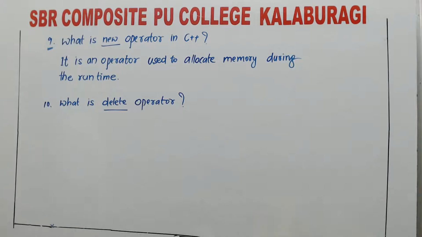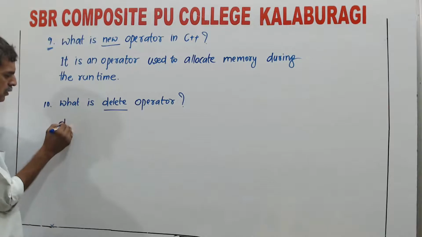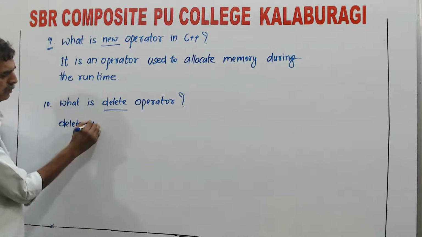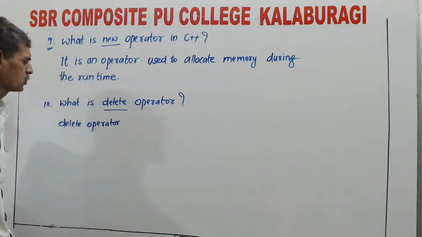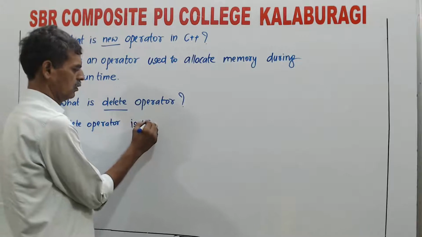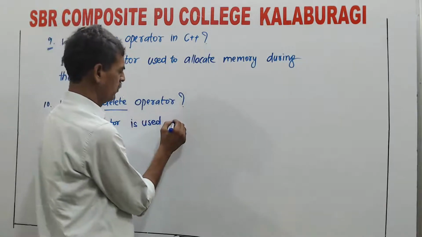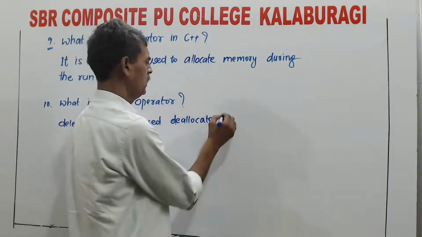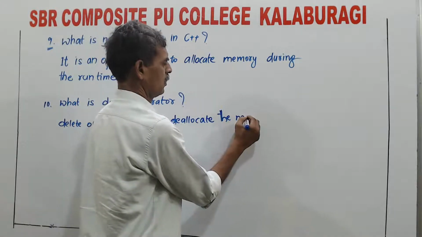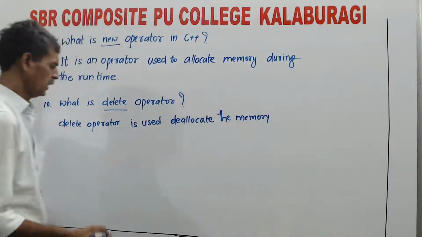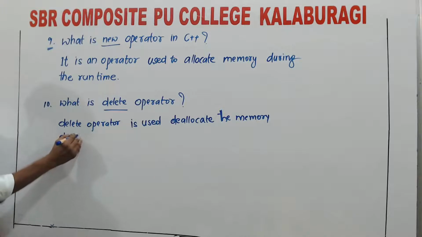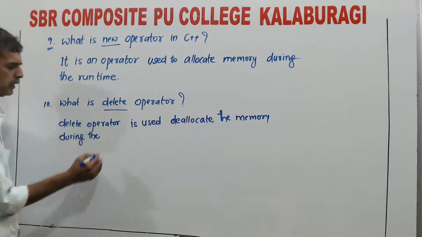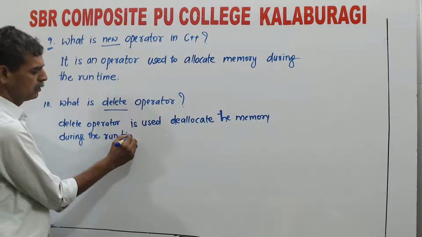Delete operator is used to deallocate the memory during the runtime, or delete the memory during the runtime. Okay.